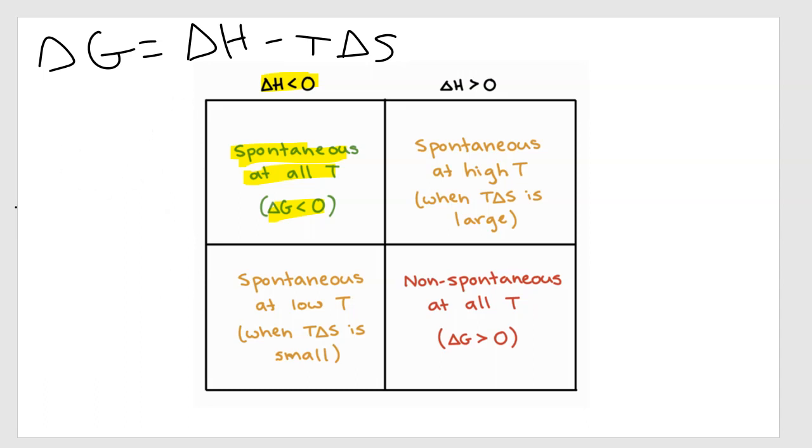So then let's try non-spontaneous at all temperatures. When delta H is greater than 0, that means it's a positive number. So let's say it's 60, and the temperature is again 273, and delta S is now -4.